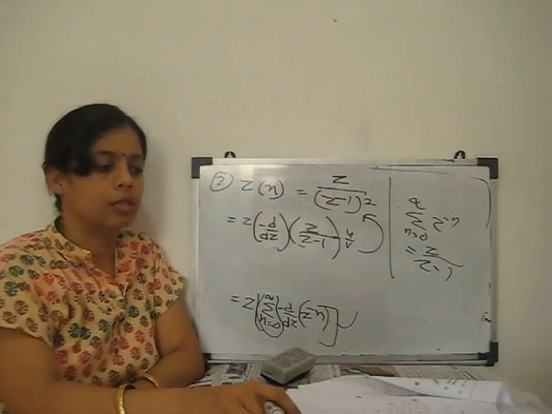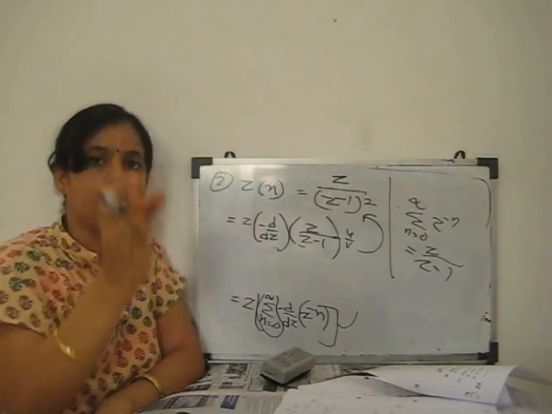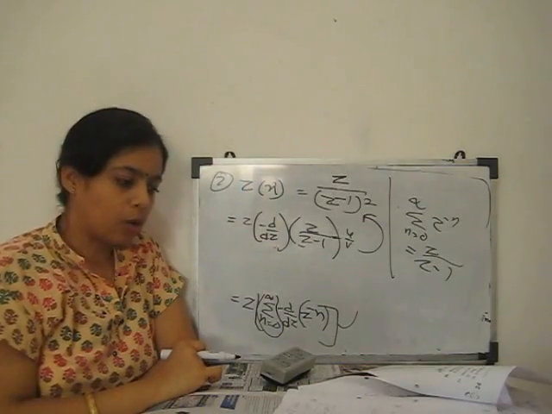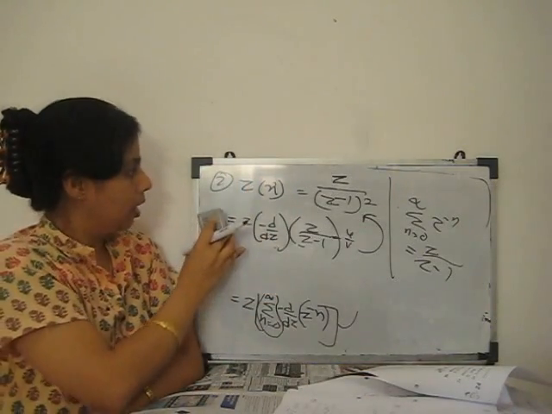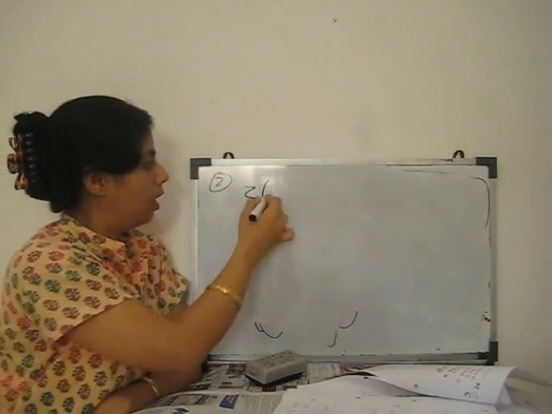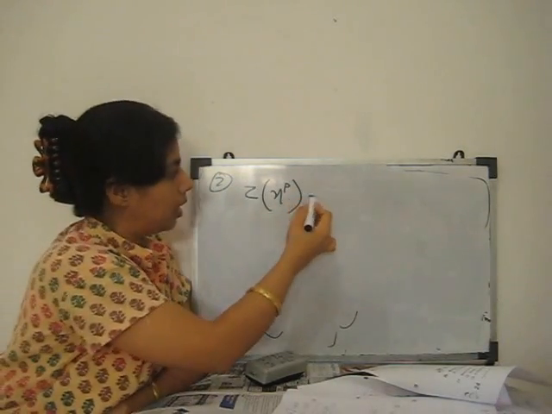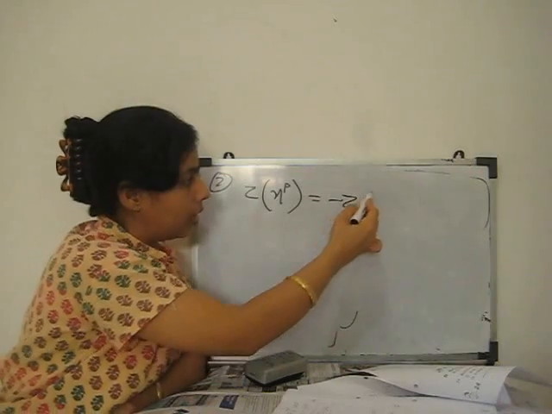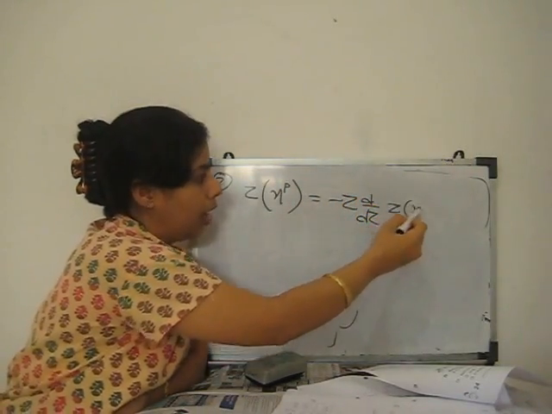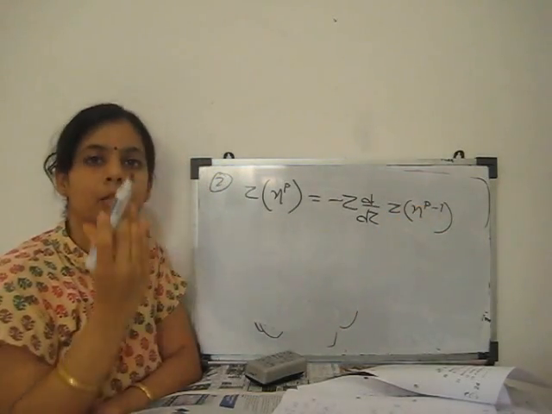In a similar process we can find the z transform of n square or n to the power p. So the z transform of n to the power p is minus z d by dz of the z transform of n to the power p minus 1, where p is a positive integer.